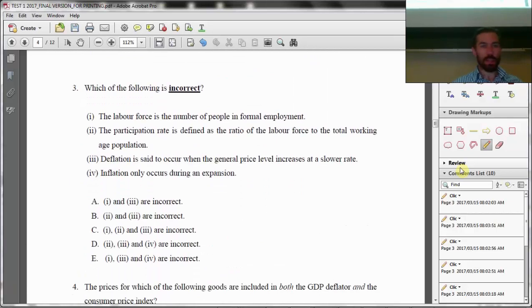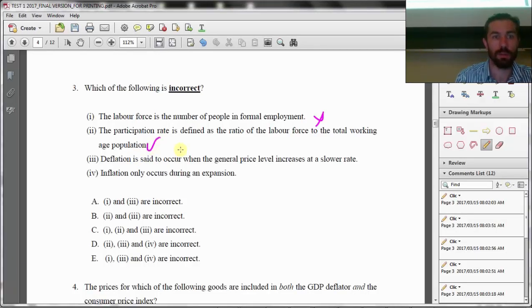So the following is incorrect. The labor force is the number of people in full employment. Is that correct? Formal employment. Is that the labor force? No. The participation rate is defined as the ratio of the labor force to the total working age population. Correct or incorrect?